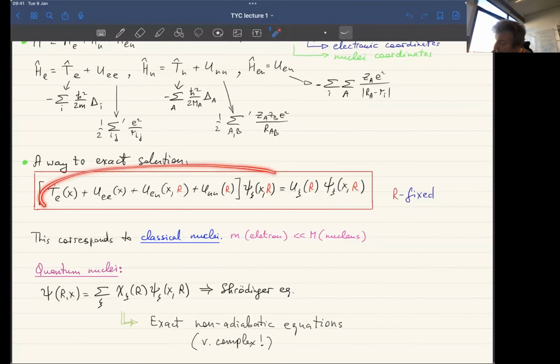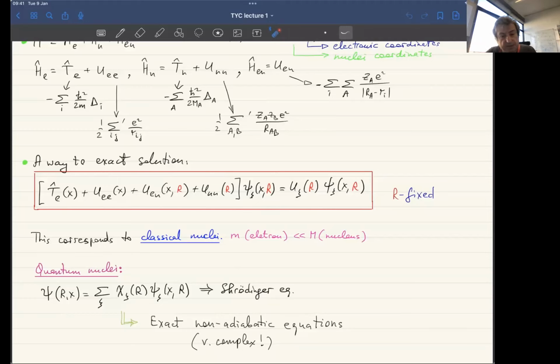This Schrödinger equation would give us not one, but many solutions, which are distinguished by this index theta, which corresponds to the quantum numbers. So we will get a ground state of the system, as usual, for the given positions of the nuclei, then the first excited, the second excited, and so on, as many states as we're able to obtain. But so far, the nuclei were treated as fixed.